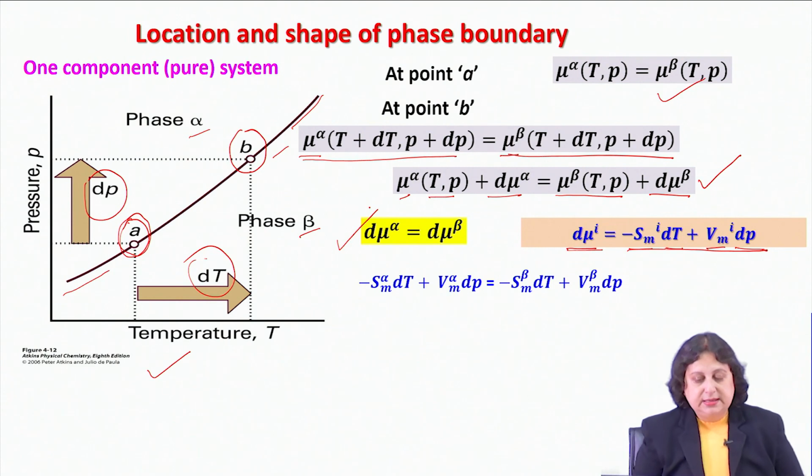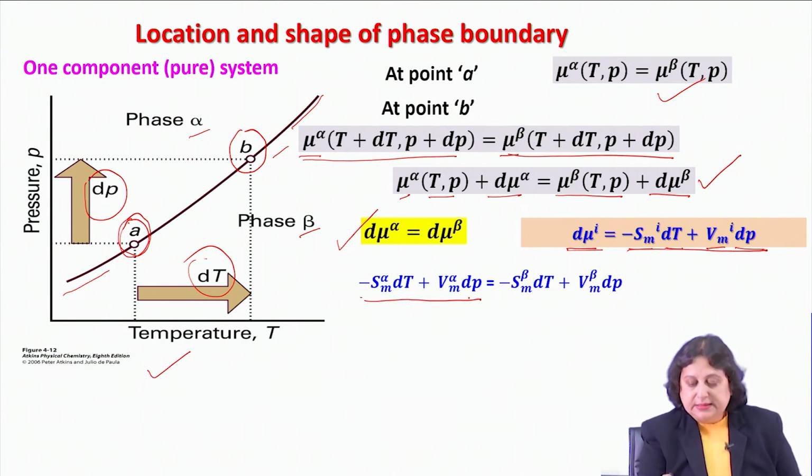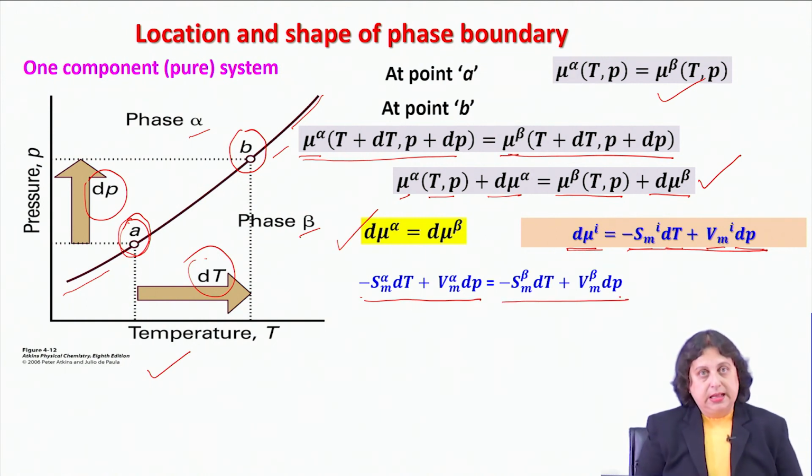When I do that, this is the expression for d mu alpha and this is the expression for d mu beta.